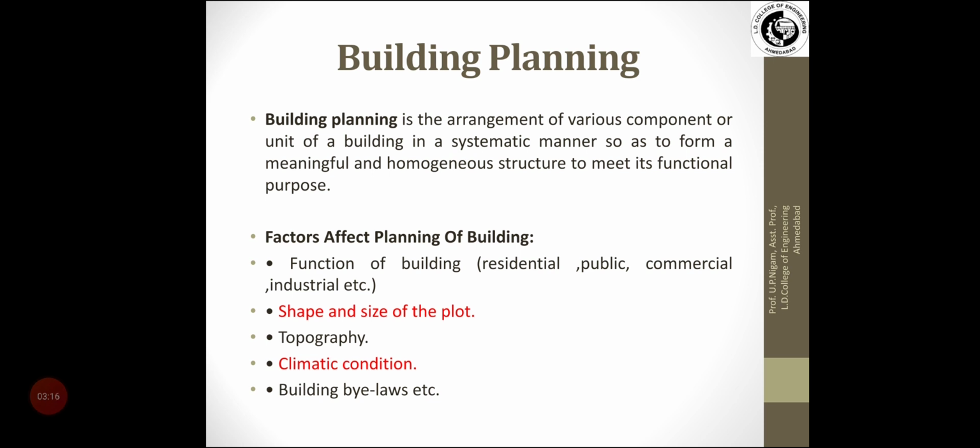There are various factors which affect the planning of a building. The first and most important factor is the function or purpose for which the building is being constructed or designed. The second is the size and shape of the plot.